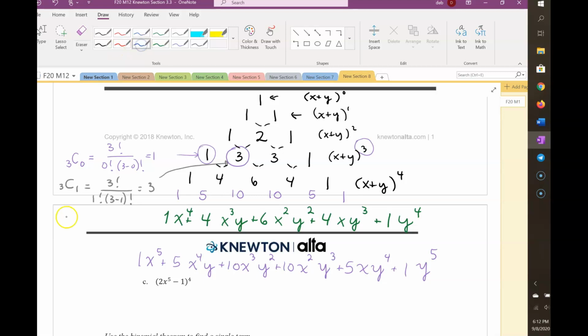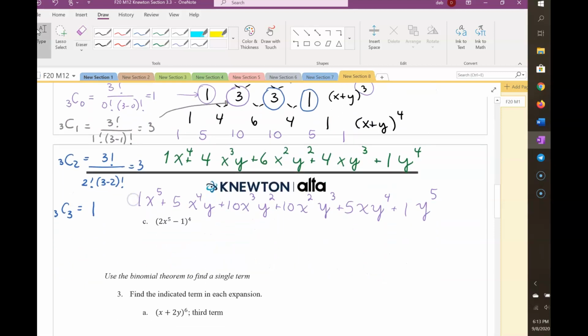And then if you do 3 choose 2, you're going to get 3 factorial over 2 factorial times 3 minus 2 factorial, and you're going to again get 3. And then if you do 3 choose 3, if you have 3 things, there's only one way to pick 3 things, and so that is the 4th entry in Pascal's triangle.